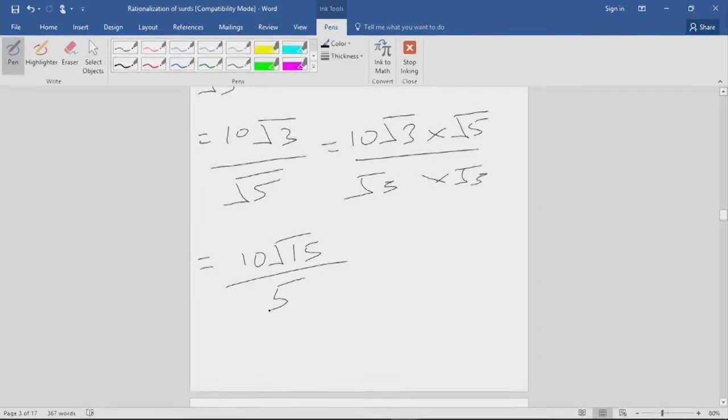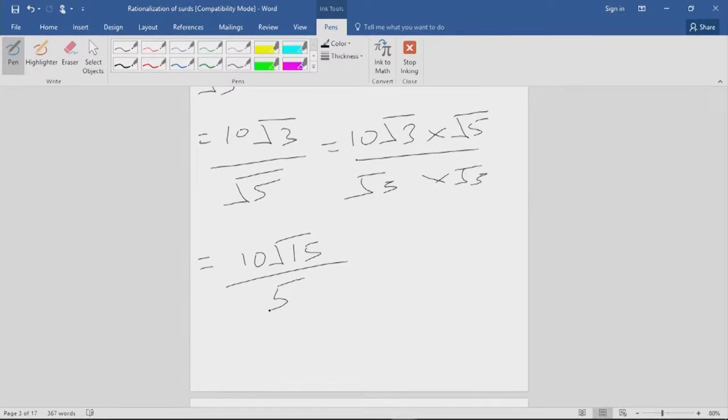I know you might be itchy to ask questions. Remember those simple steps that we spoke about just now. We just jump a few steps. That is to say, 3 times 5 under the root is 15, and the root of 5 multiplied by the root of 5 gives us 5.